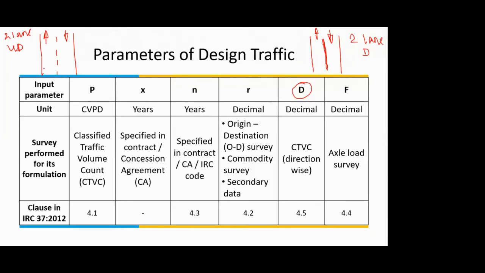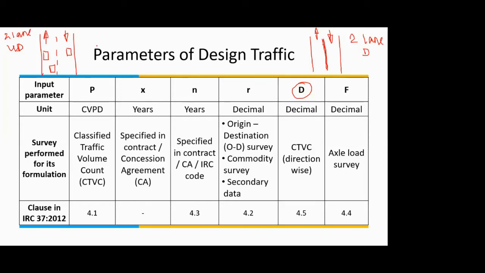So now suppose there is a vehicle over here which is going in the up direction, there is one vehicle which is going in the down direction, and then you have another vehicle over here which is going in the up direction. Now how these vehicles will be distributed over the lanes will depend on how much width you give them for moving laterally.